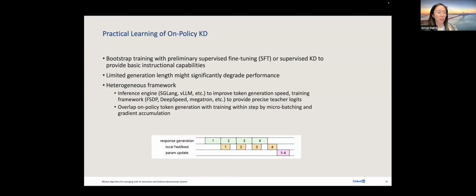The teacher model is recommended to be hosted with a training framework for better logit precision. Also, with micro-batching and a gradient accumulation approach, as demonstrated in the diagram below, you can partially hide the very time-consuming on-policy autoregressive generation by overlapping it with the local forward and backward passes.